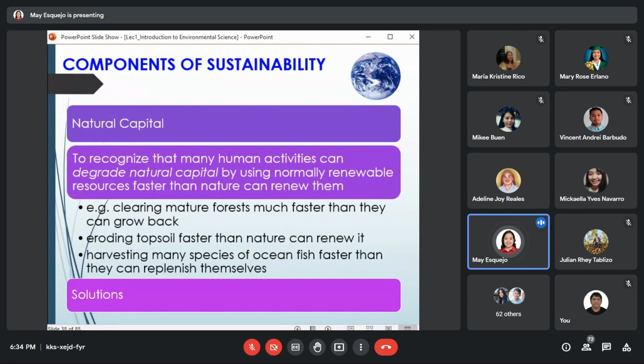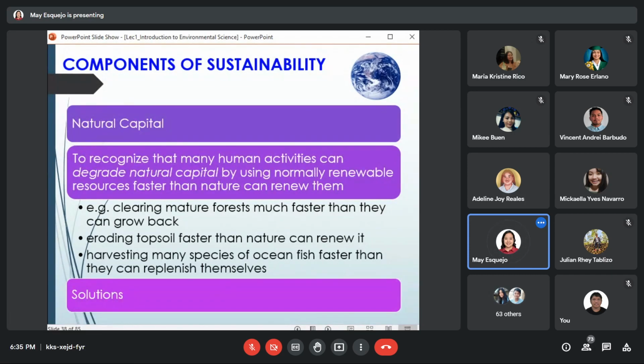So, clearly, okay, nagiging problema ito because, okay, why I am discussing this because last time we mentioned we take time to recognize the environmental problems. Okay, so for natural capital, okay, since naturally it is given by the nature or environment to us, we recognize how these problems arise.